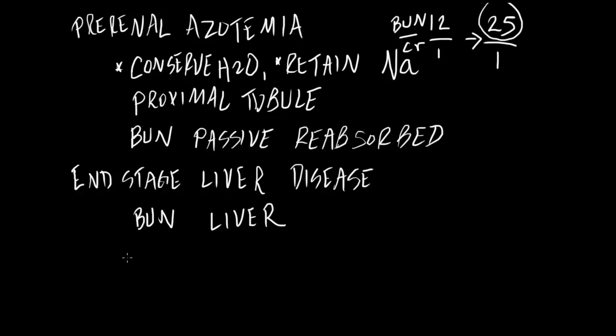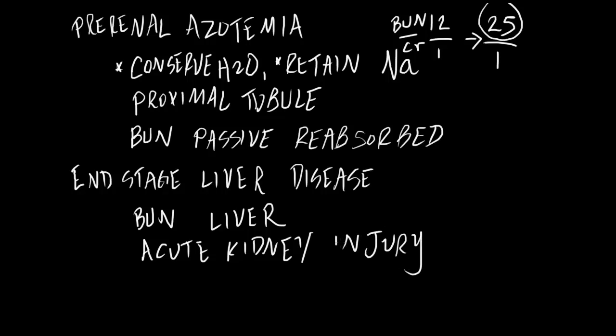A patient with end-stage liver disease and acute kidney injury will probably have a BUN peak of 20, compared to a patient with acute kidney injury without end-stage liver disease.